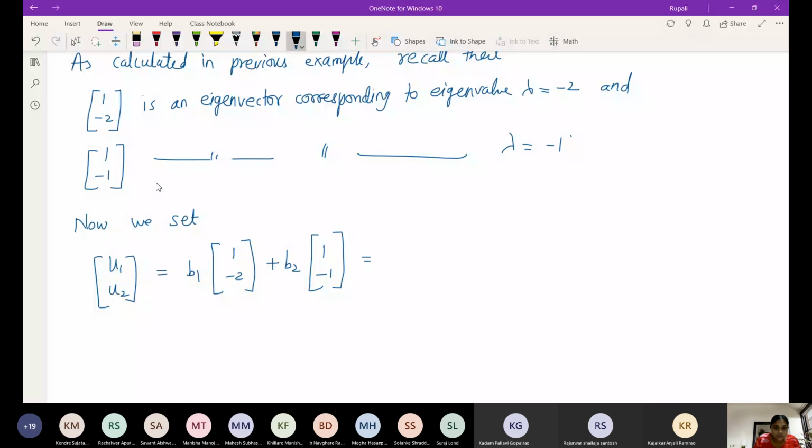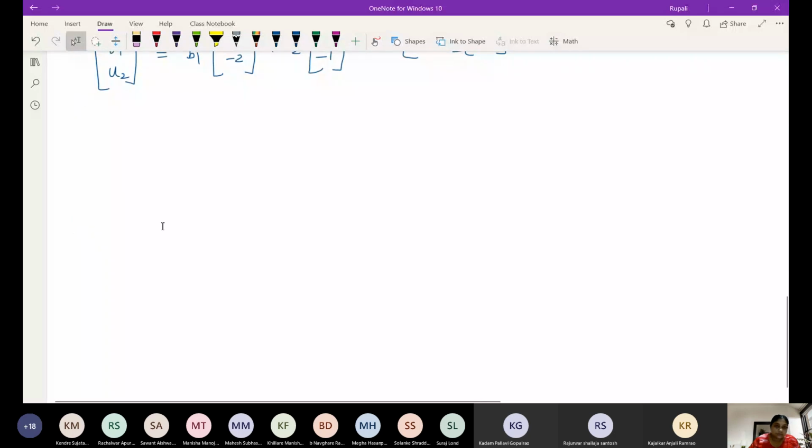So what will be this? I can write this as the matrix 1 1, minus 2 minus 1, times b1, b2, right? Is that right? Yes, ma'am.